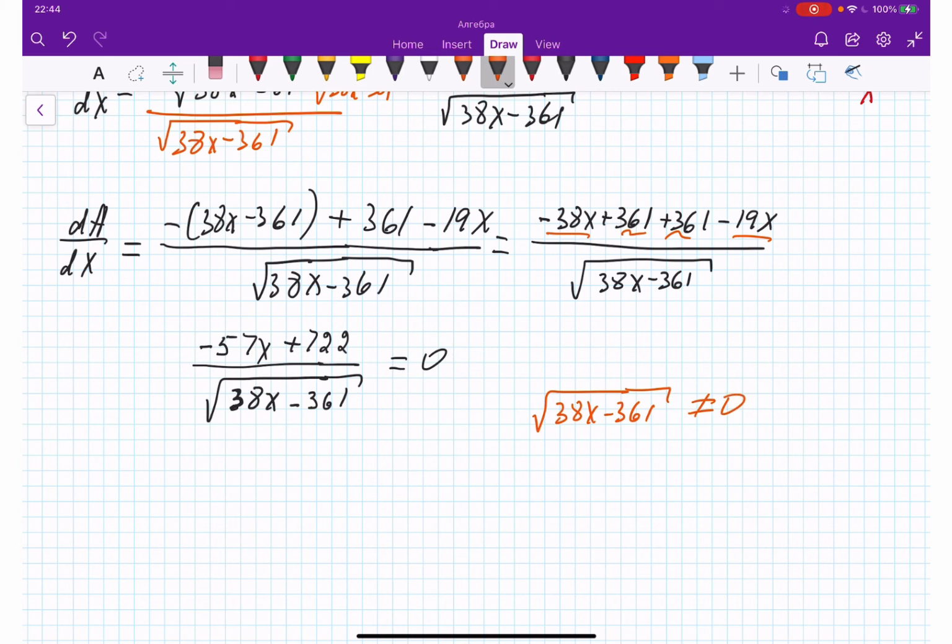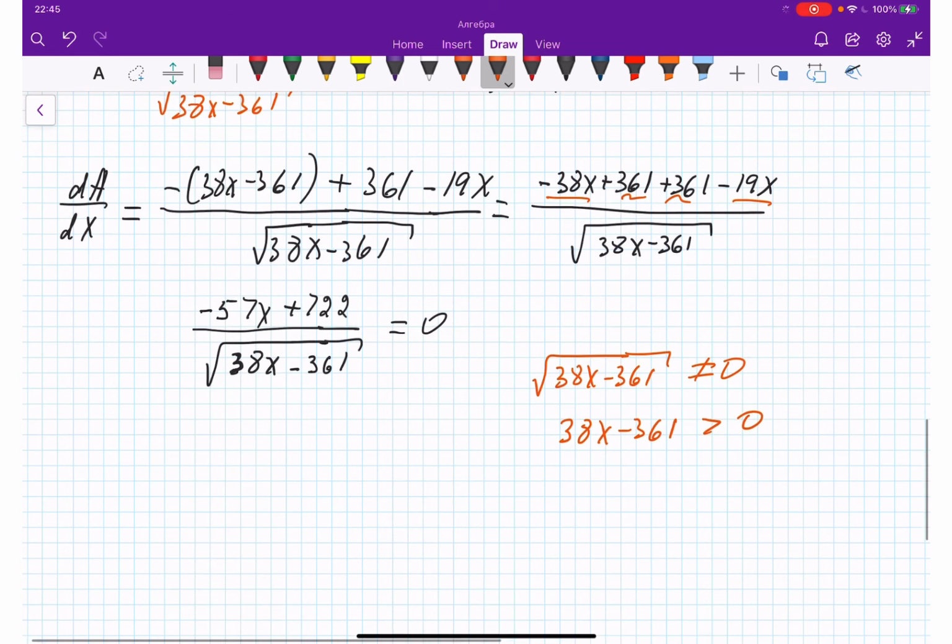And second, the expression under the square root has to be positive, because we cannot have a negative number under the square root, since no number squared will give you a negative number. So 38x minus 361 has to be greater than 0, 38x has to be greater than 361, and x has to be greater than 9.5.